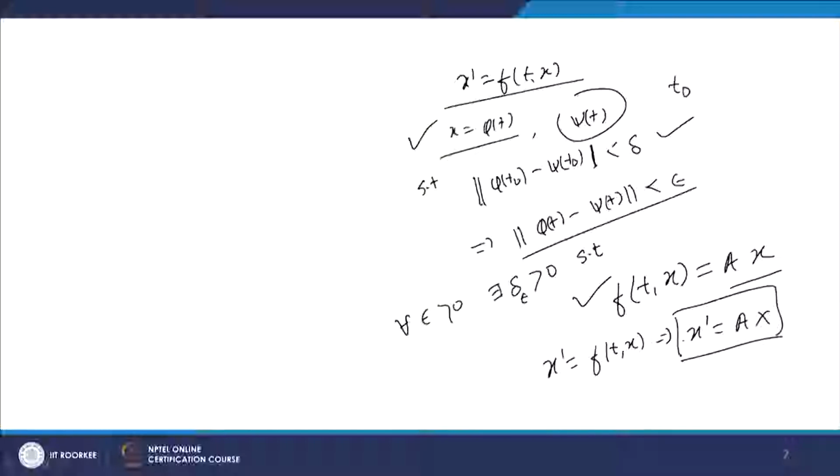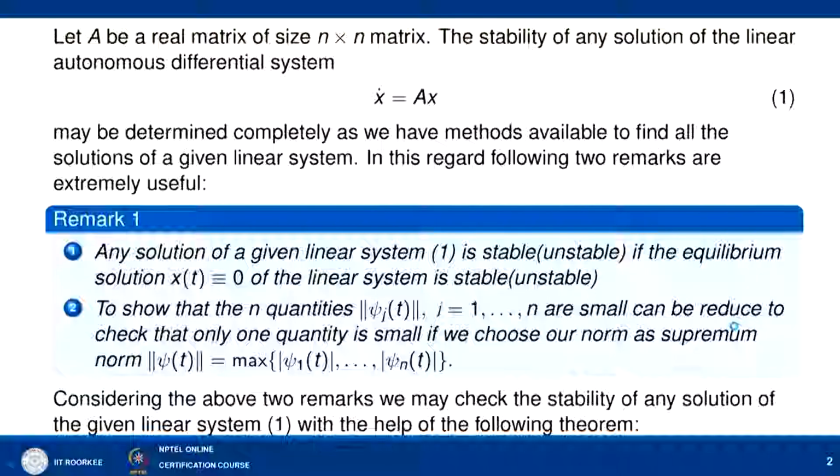So, let us try to find out the condition on the coefficient matrix A such that we can talk about the solution of this linear system x' = A x. Let A be a real matrix of size n cross n. The stability of any solution of the linear autonomous differential equation x' = A x may be determined completely, as we have methods available to find all the solutions.